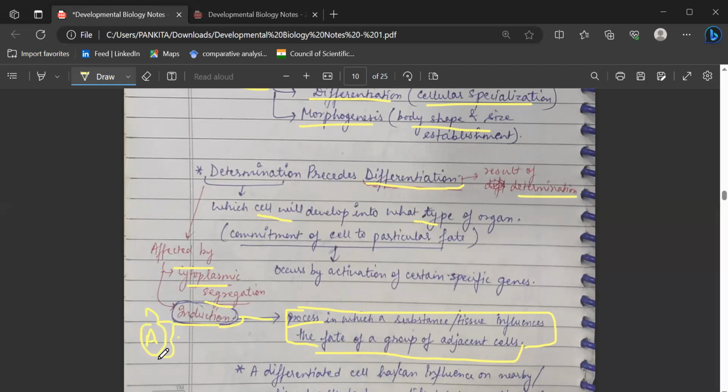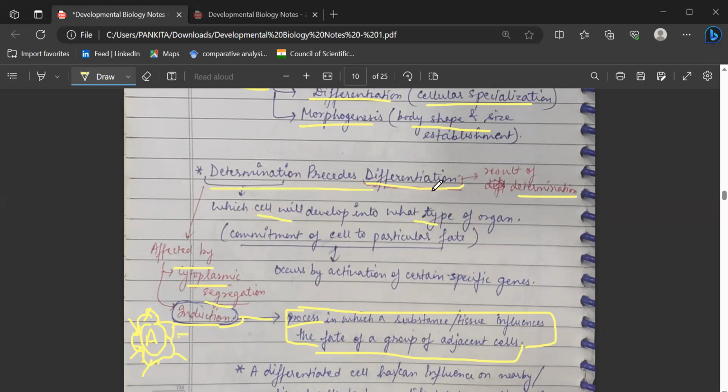So A will determine how these surrounding cells will move, or what kind of differentiation will happen in adjacent cells. So A will be inducing the other cells surrounding it.